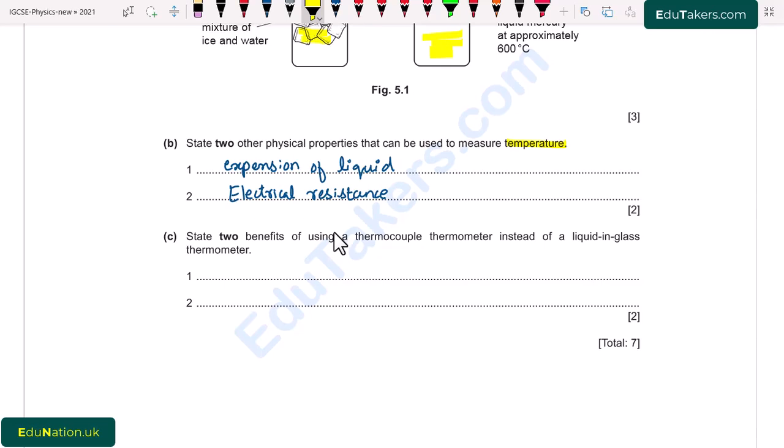So first of all, the thermocouple thermometer has a large range, and it means that it measures the temperature over a very wide range. So I write here thermocouple thermometer, it has large range of temperature.